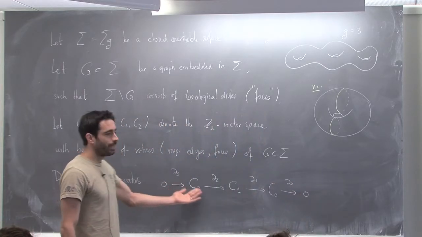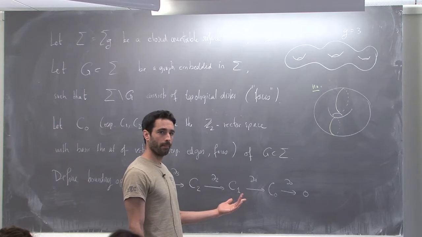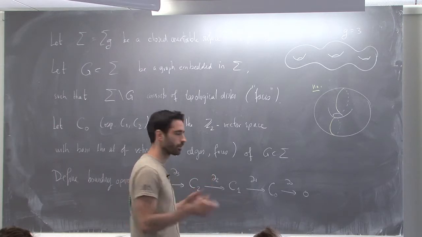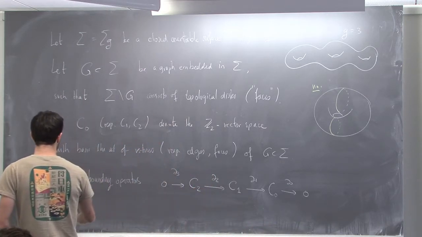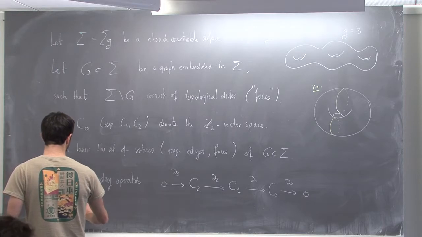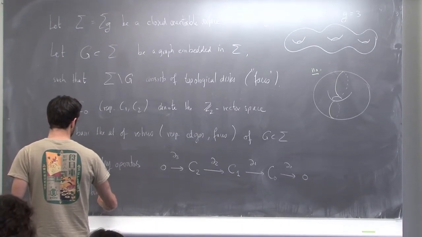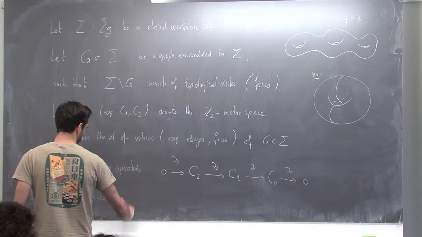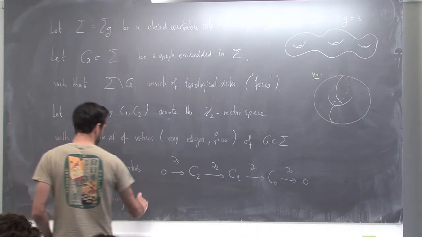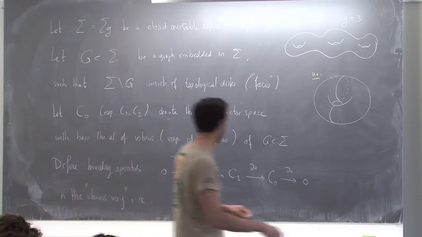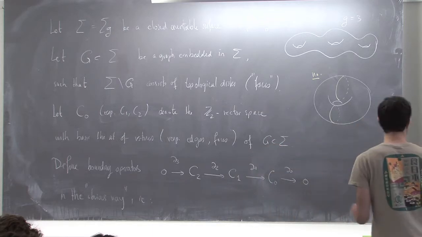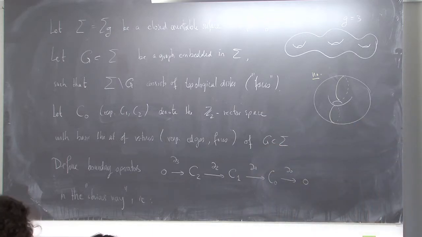Each time you want these to be linear maps, and you want them to define a boundary. So I'm just going to say it in the obvious way, and I'm going to make drawings in the obvious way. I only need to define delta 2 and delta 1.